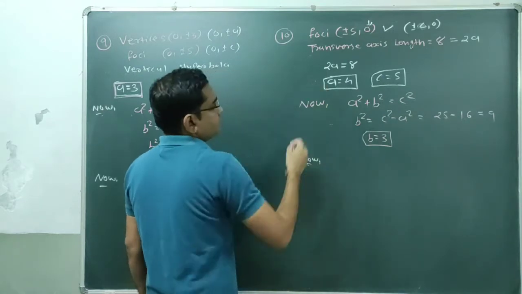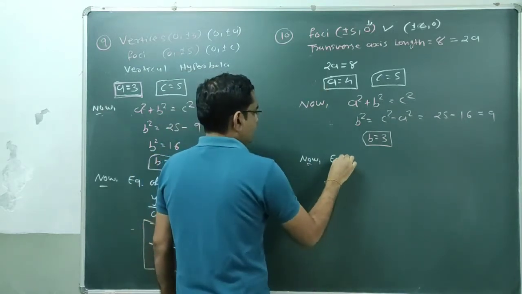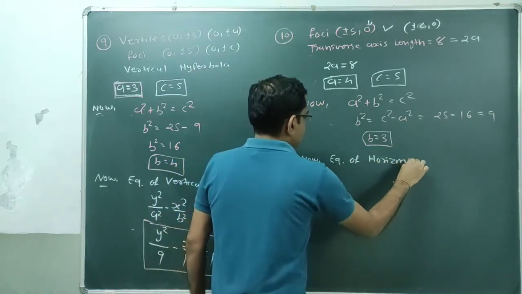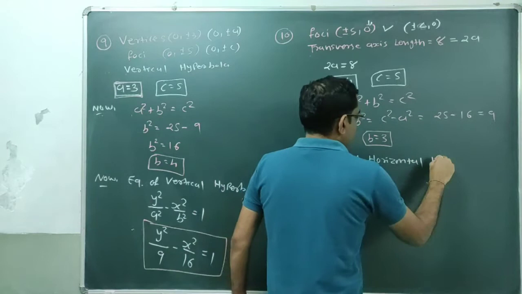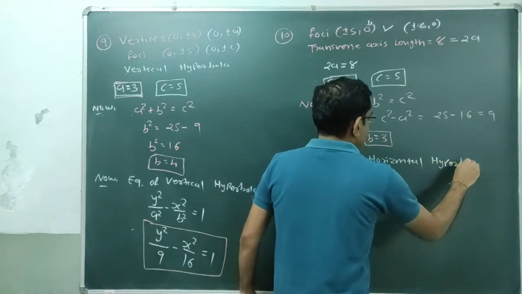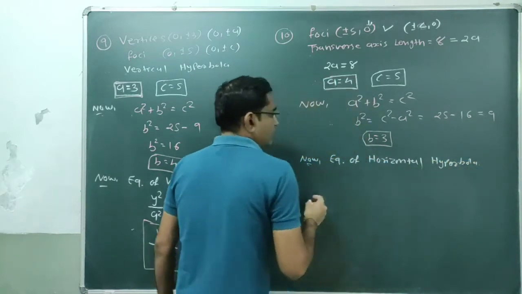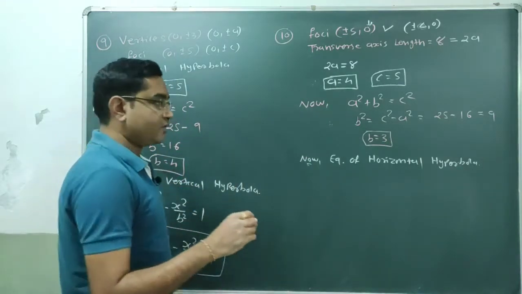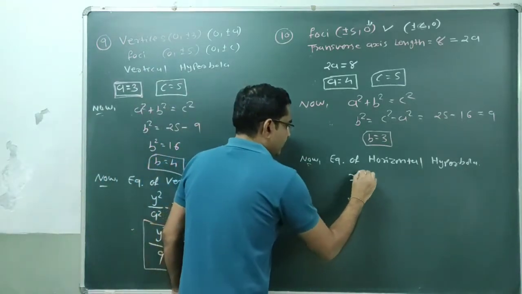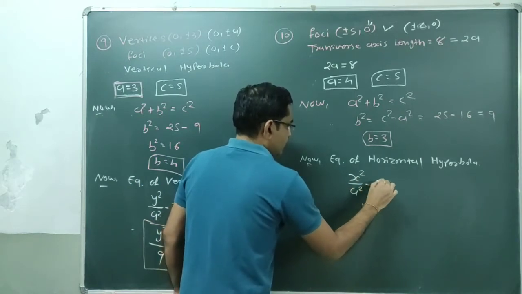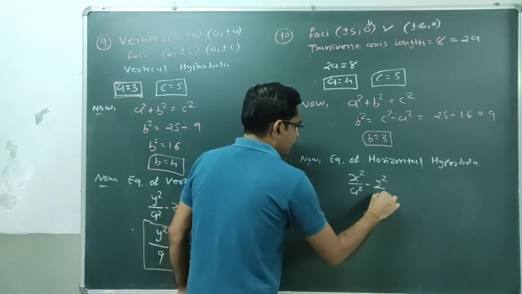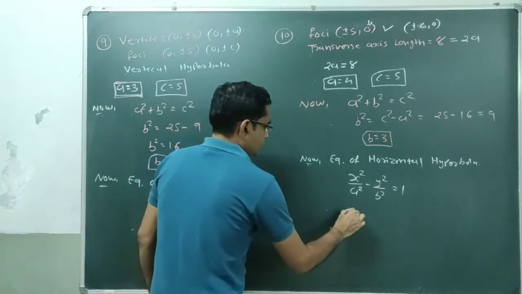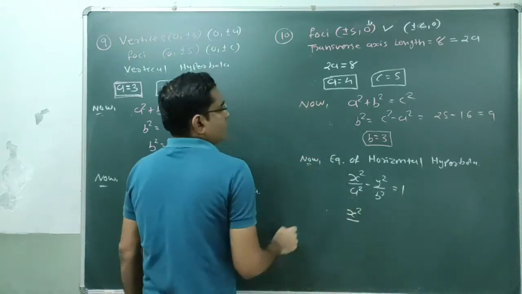Done. So now the equation of which hyperbola? Horizontal. Equation of horizontal hyperbola along the x-axis. So coefficient of x square will be positive. So here you have to write the equation as x square by a square minus y square by b square equal to 1, since the coefficient of y square is negative.